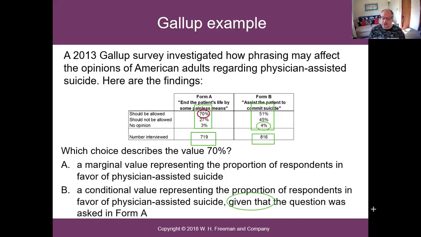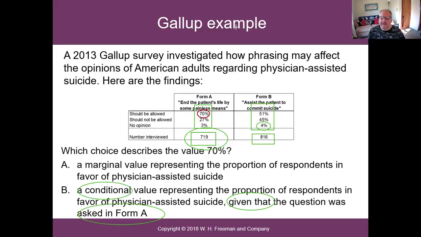The answer is going to be B this time. The words "given that" is the same as when we talked about when, how it illustrates what a specific condition would be. And here the question was asked in Form A. If we say given that the question was asked in Form A, then that's telling you when it's Form A means your denominator is this number here. So it's certainly a conditional.